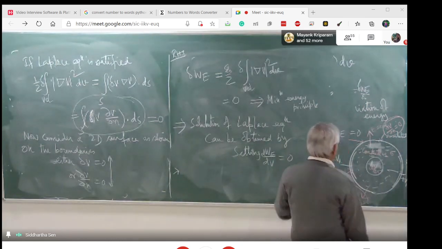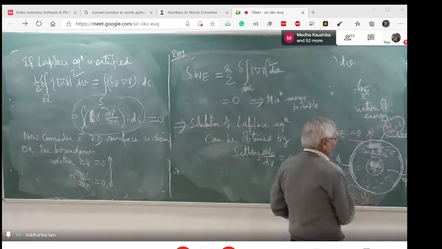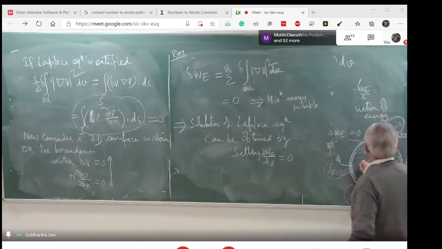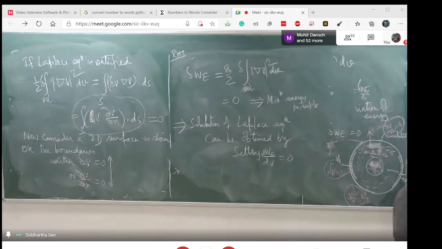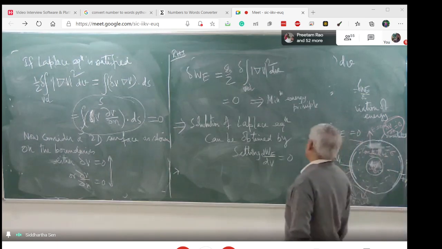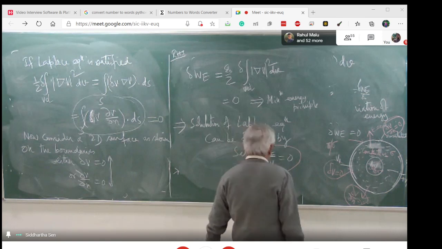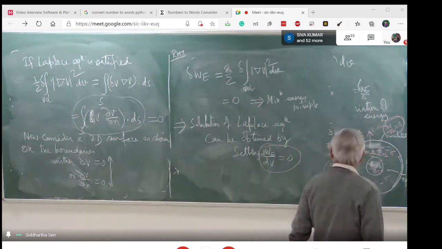So finally, the potential is defined at these two points, and at all other points the potential is uniquely defined like this. At any point, I can find the potential by setting that the potential will be such that dWe by dV equal to 0 is always satisfied.